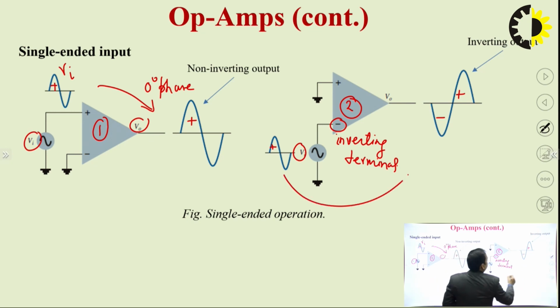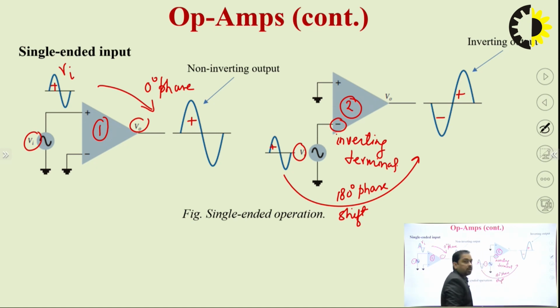That means we have a phase shift of 180 degree between the input waveform and the output waveform. So this is known as single-ended input, because we are utilizing only one input terminal of the op-amp.